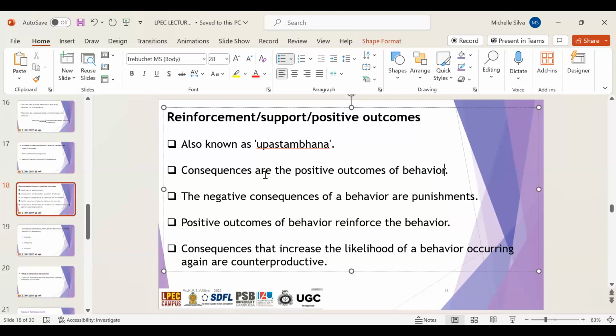Reinforcements are the positive outcomes of the behavior. The negative consequences of behavior are punishment. So what are the positive consequences? Positive consequences of a behavior are reinforcement.